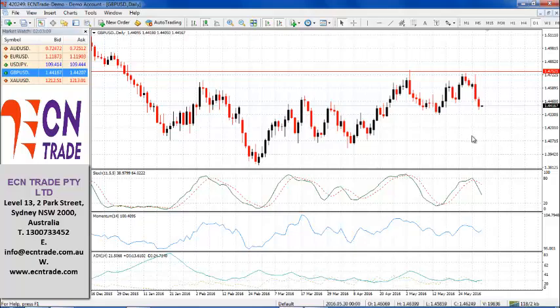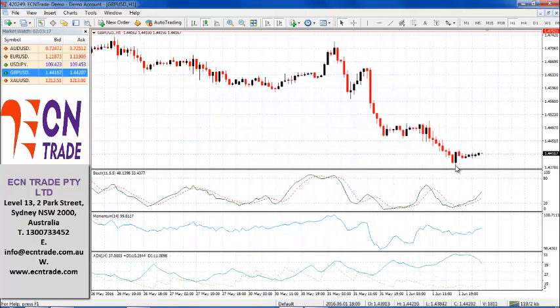A break of 143.80 does expose a further decline to my objectives of 143 to 142. However, we must keep a note that if we do get another rejection from 143.80, then we could see a mild recovery up towards 144.60.70, but a cap around 145.25.35.